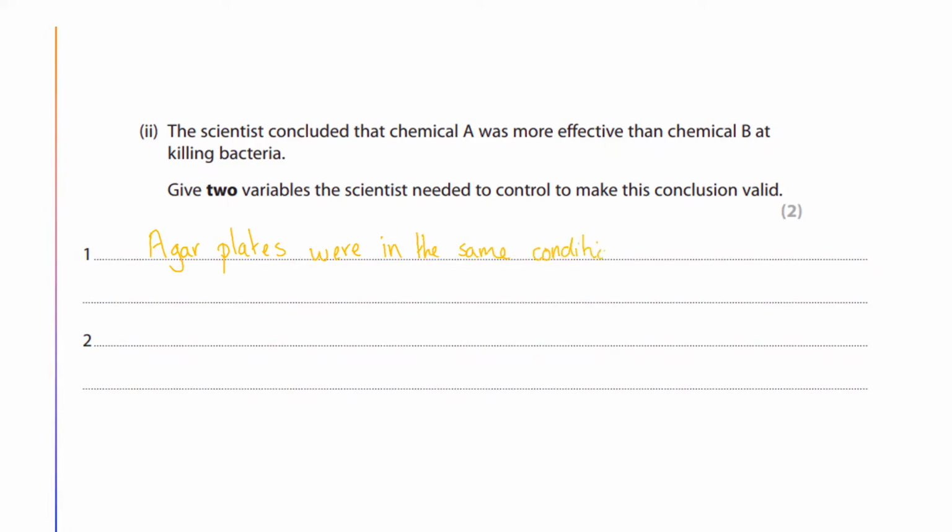If one was in a really hot place and one was in a really cold place, that would matter. So same temperature, light, etc. Okay, and also the same type of bacteria. It might be good at killing a certain type but not another type. So the same type of bacteria was on the agar.